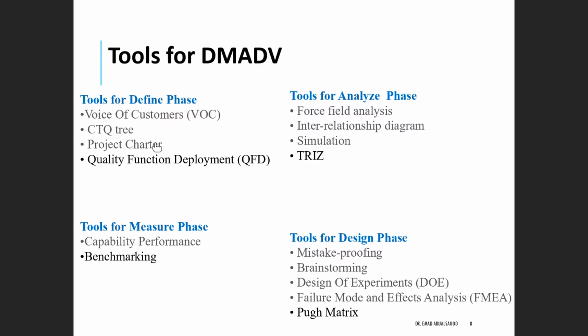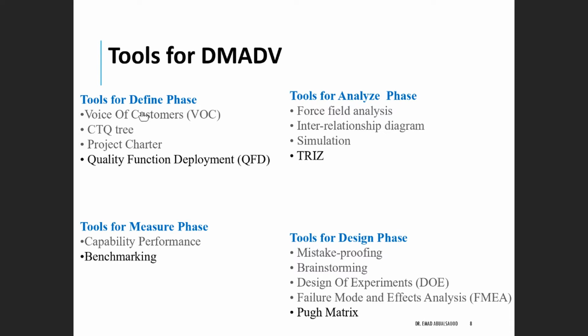Those in the gray color here, we already covered them in the DMAIC recorded sessions. For example, design of experiment is the only one that is covered in a whole different course, so there is no need to repeat it here because it's a whole new and separate concept.